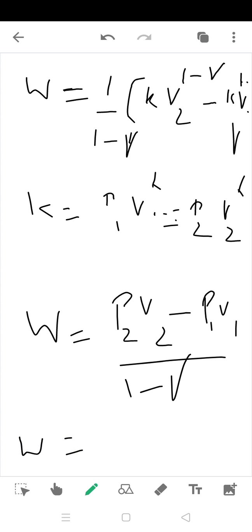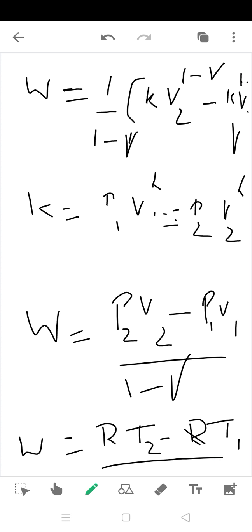W is equal to (R T2 minus R T1) by (1 minus gamma).